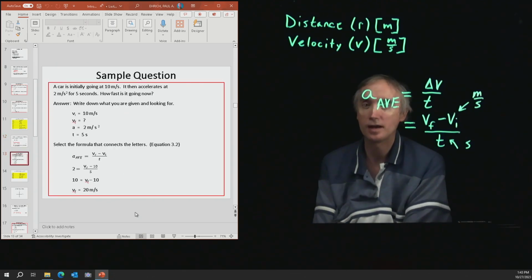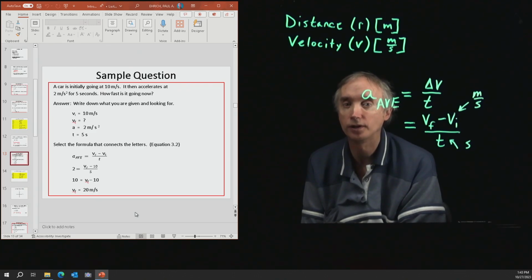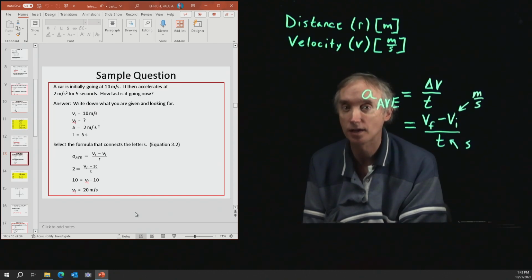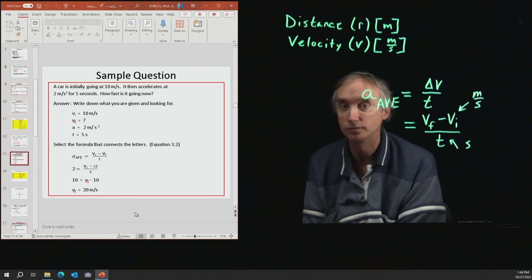So here's a math problem for you. A car is initially going at 10 meters per second, and then it accelerates at 7 meters per second squared for 5 seconds. What is its final speed?